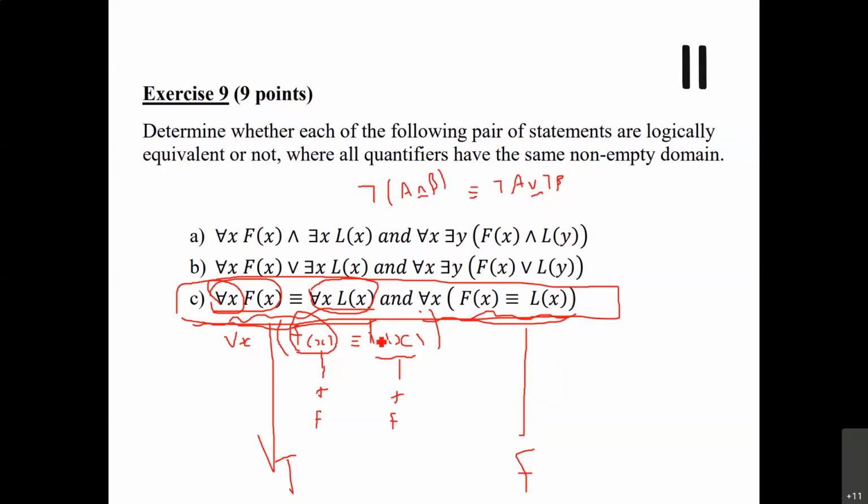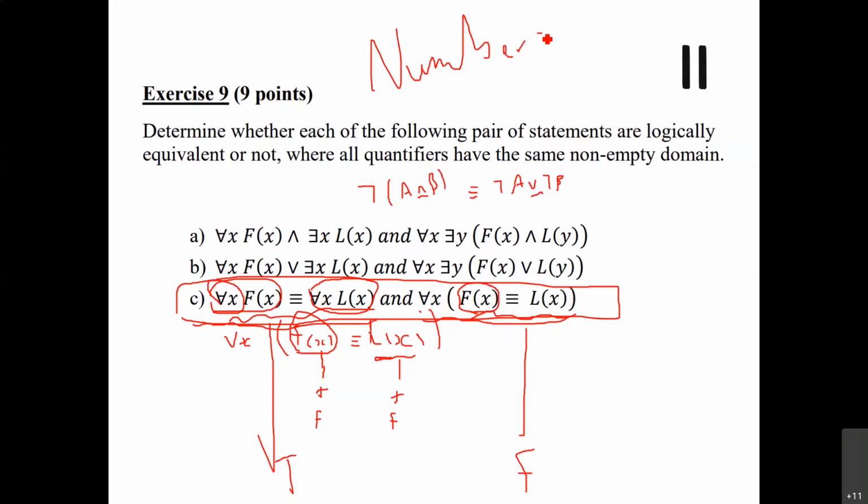Because when they say, hey, for every x, these two are equivalent, it doesn't really give you that much confidence. I'm pretty sure you can come up with a zillion predicates or propositions where they're not equivalent for every x. So if you can find another example on your own, that's great.